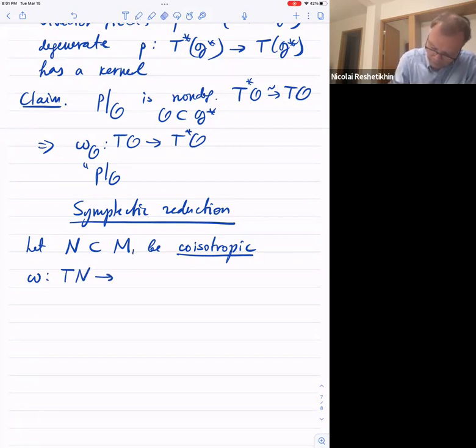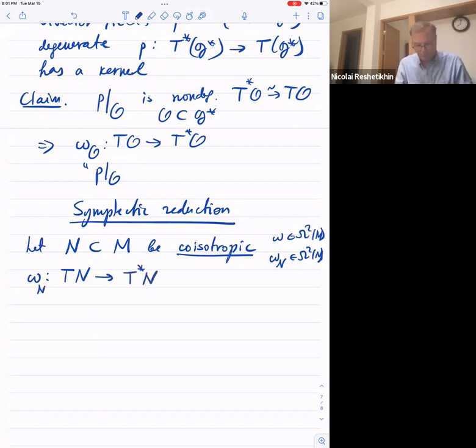We have the symplectic form omega on M. We have the pullback to N. That's a two form on N. This is M. And this two form on N gives a mapping from the tangent bundle to N to the cotangent bundle to N. It's just a continuous collection of mappings between tangent spaces and cotangent spaces.